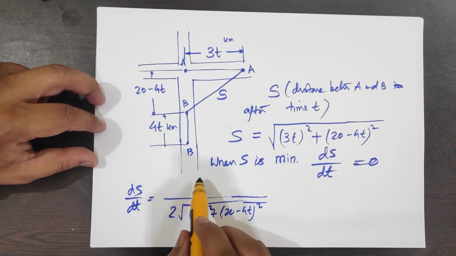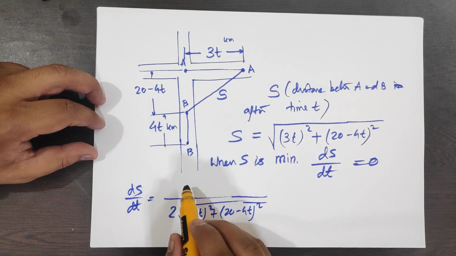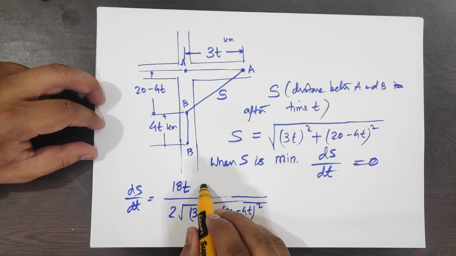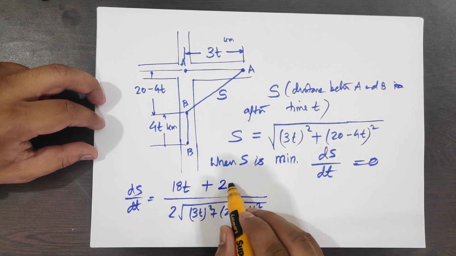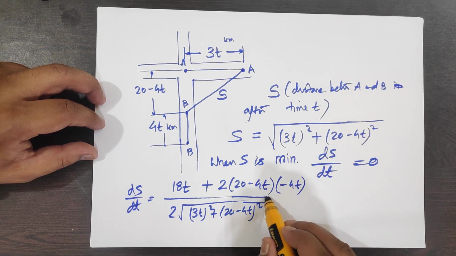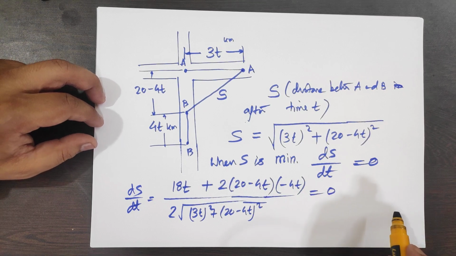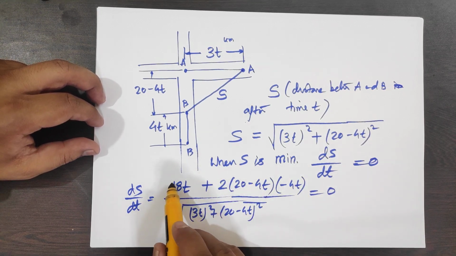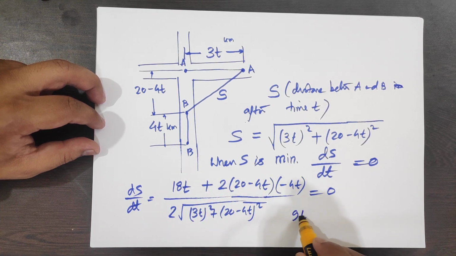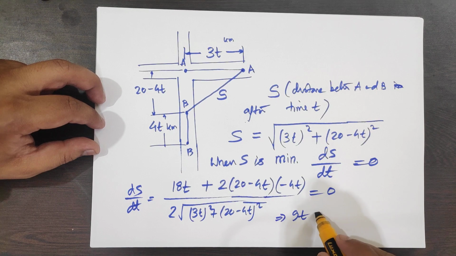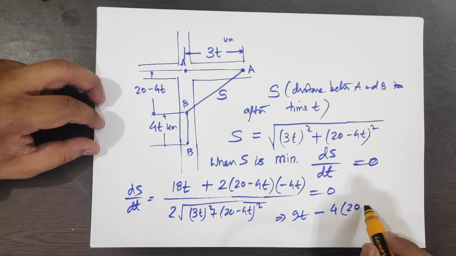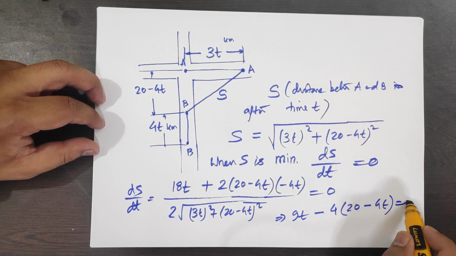Now this is 9t square, right? So 18t plus this is 2 into 20 minus 4t multiplied by minus 4, so that's equal to 0 for S to be minimum. So the numerator is equal to 0, so there you get 9t minus 4 into 20 minus 4t is equal to 0.